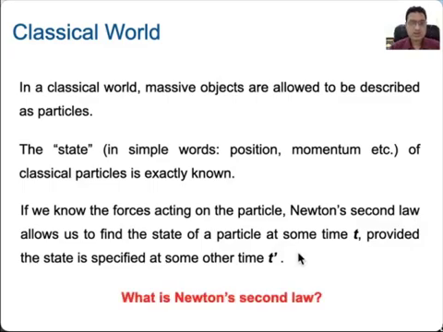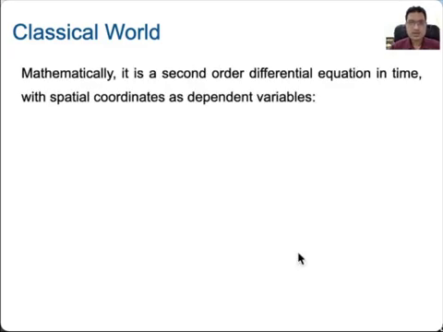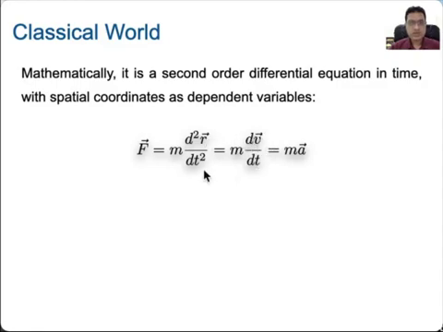This is a second order differential equation with respect to the spatial coordinate, or a first order differential equation for velocity with respect to time. This is your standard Newton equation of motion, or Newton's second law, which you have seen.